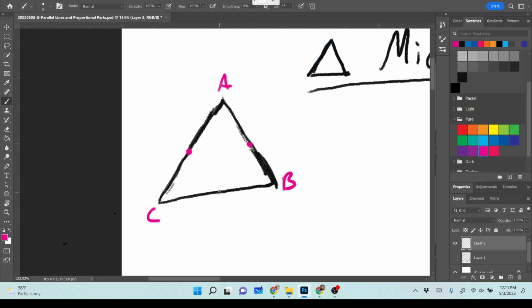So these are the midsegments of those triangles. So if those are midsegments, then these are congruent, and these are congruent. Those are what midsegments are. Illuminati confirmed.